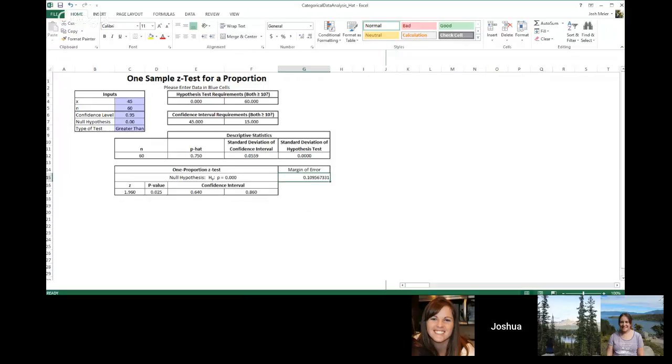Did you get 0.640? Yes. So upper bound would be 0.859.